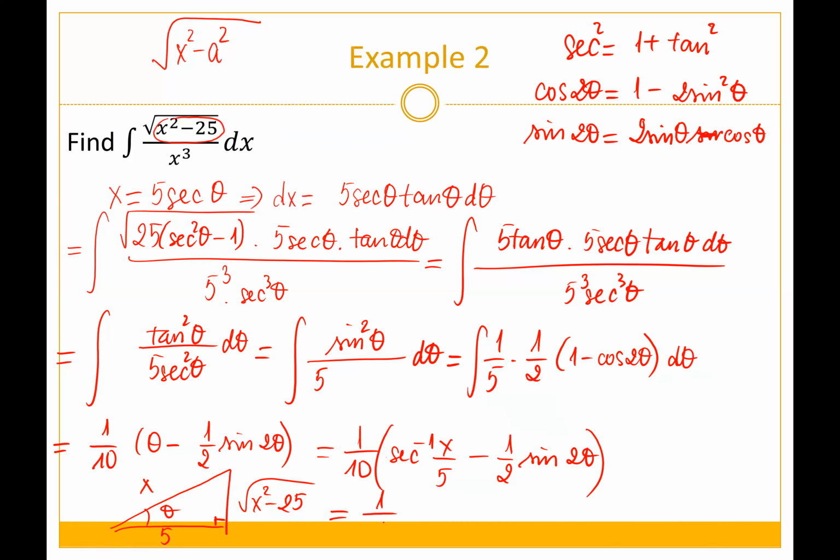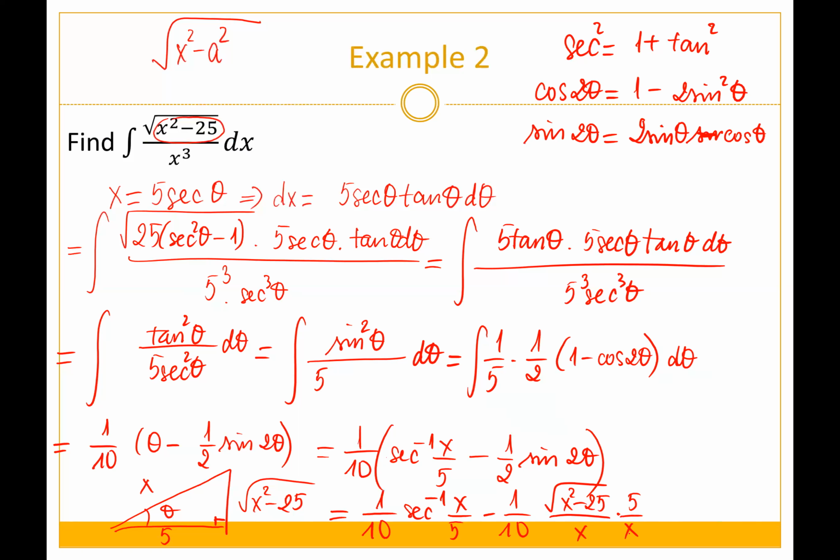So this is going to equal 1/10 inverse secant of x over 5 minus, now inside we have minus 1/2 multiplied by 2 sine theta cosine theta. And so it's going to be 1/10 of, sine theta is square root of x squared minus 25 over x, multiplied by cosine theta is 5 over x.